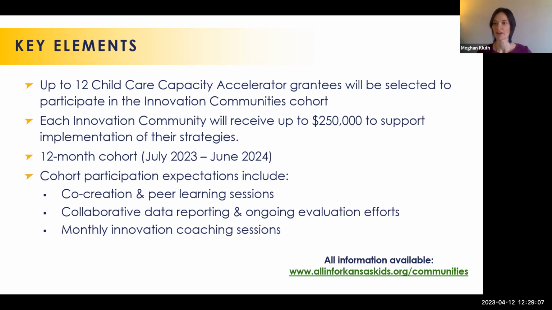So you will have a separate budget for the rest of your Childcare Capacity Accelerator application. You will then do a budget for the Innovation Communities project, and that $250,000 is specific to what it will take to implement your proposed strategy. Again, it's a 12-month grant period, so July of this year through June of next year. So the strategies would need to be fully implemented by that time. So just keep that in mind as you're considering what may be doable.